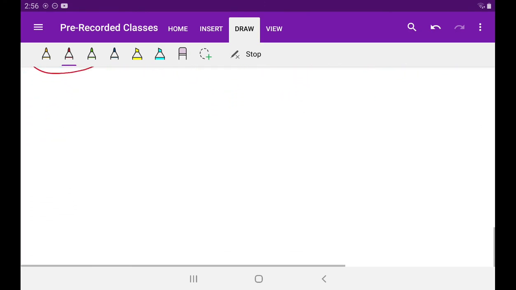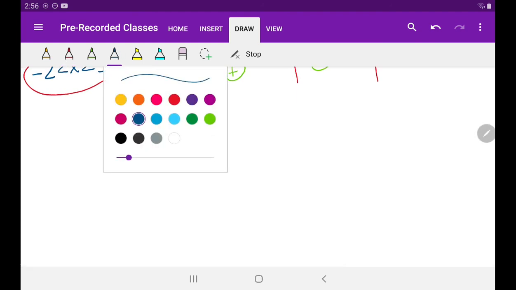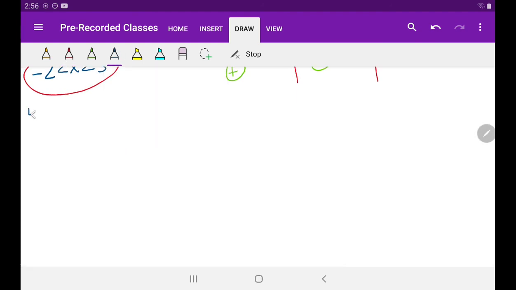So, for number 4, we have x squared plus 4x minus 5 is less than or equal to 0.